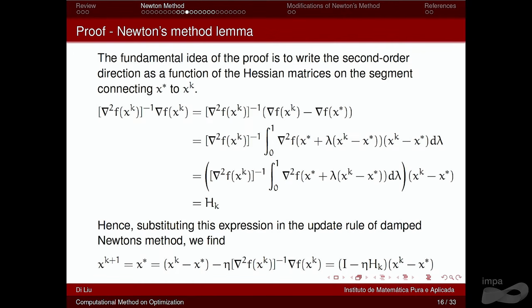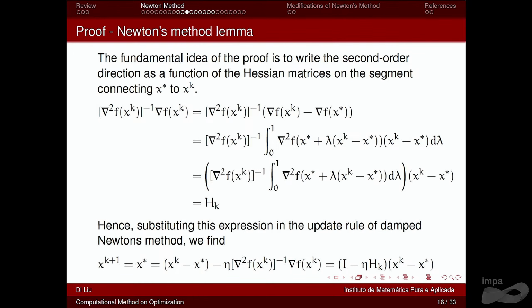This is somehow the Newton direction without the inverse, without the minus. So you have this equal to the gradient of f at xk minus the gradient of f at x star, because we already assume that x star is a local minimum and f is twice differentiable.